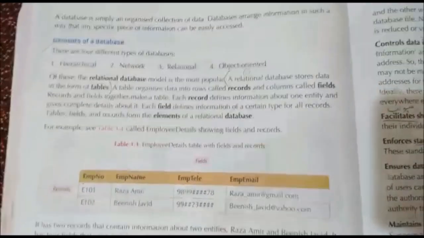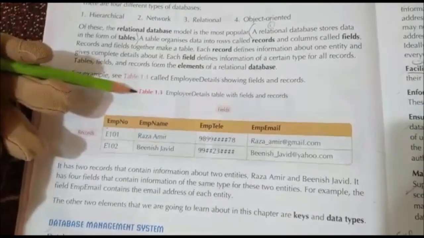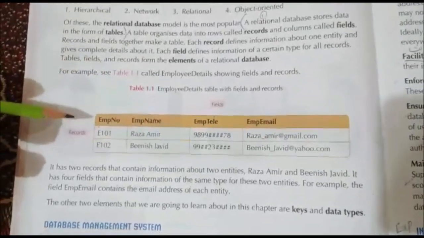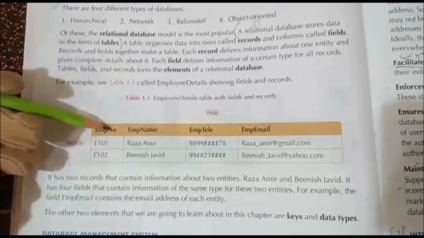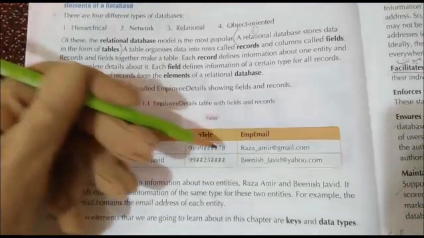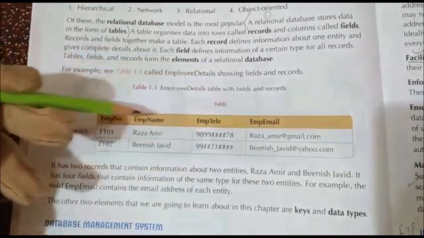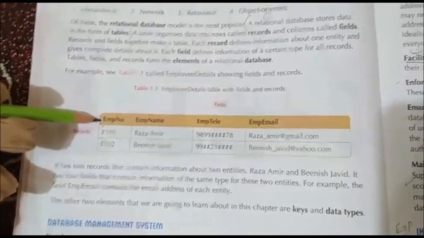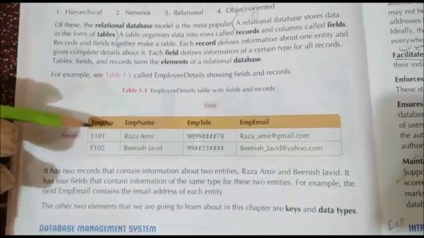For example, look at this table 1.1 in which a table is given for the example. Employee number, employee name, employee tele and employee email. These are known as the fields. Okay? In the language of database, you will not say them columns.